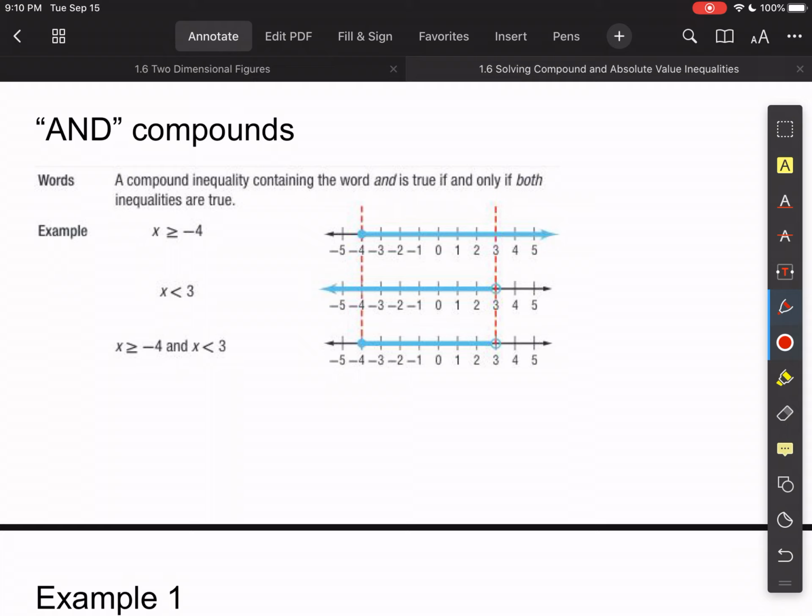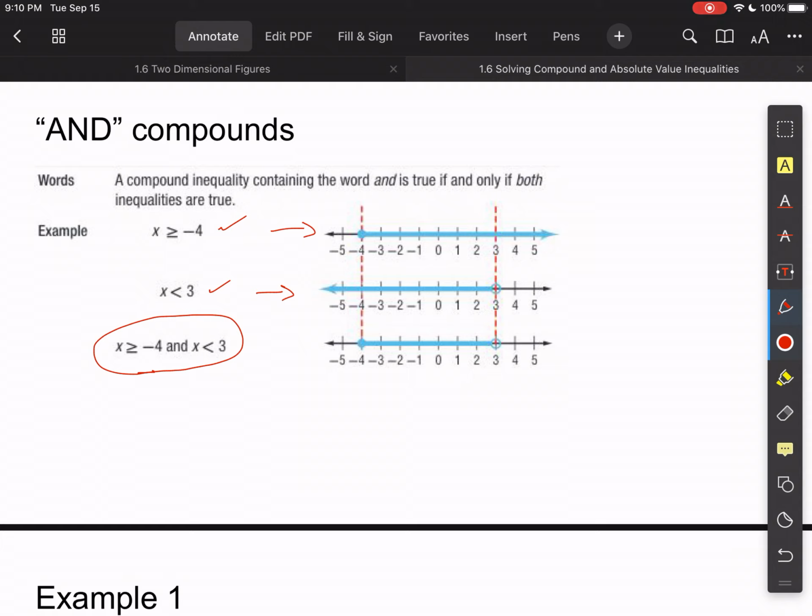So for example here, just to be clear, the compound inequality is this piece right here, but they're showing it to you in steps. If x is greater than or equal to -4, this is what the graph looks like. And if x is less than 3, this is what the graph looks like.